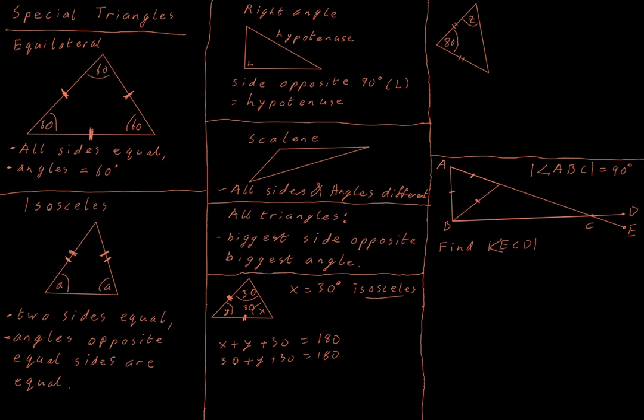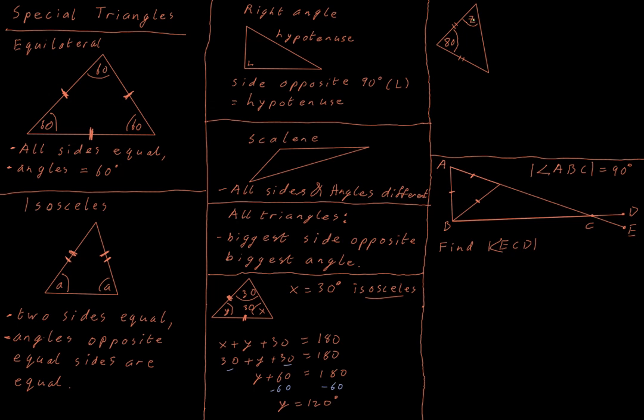Add up my like terms. So I have y plus 60 is equal to 180. And get my y by itself. And y must be equal to 120 degrees.